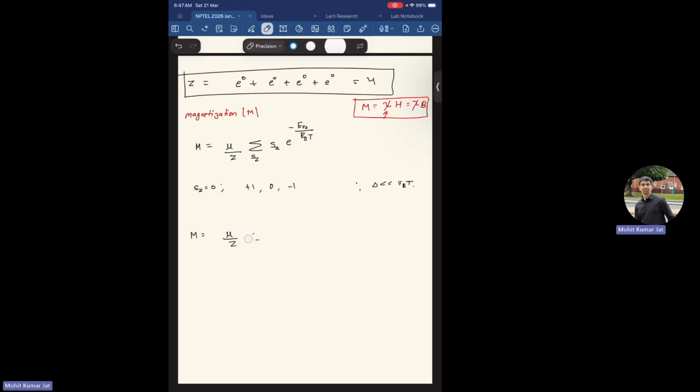and if I break this down, s_z 0 e to the power 0 plus s_z 1 e to the power minus mu B by kBT, plus s_z 0 times e to the power 0 plus s_z minus 1 e to the power mu B by kBT.